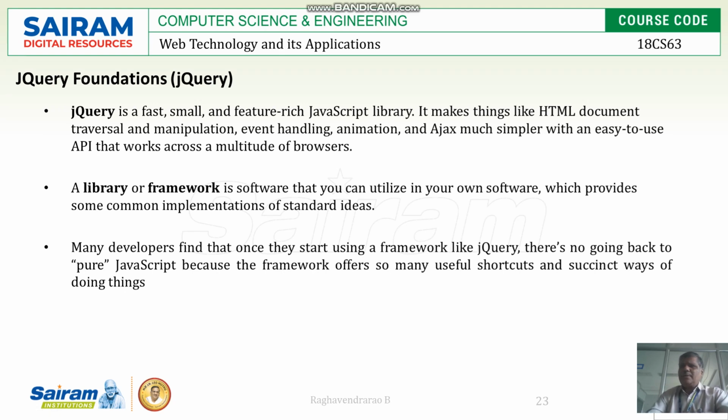Ready-made programs, a ready-made library, ready-made APIs are going to be available. You just use that particular API and apply it to that particular function, or you can say to the object. And Ajax is a simpler and easy to use API that works across multiple browsers.